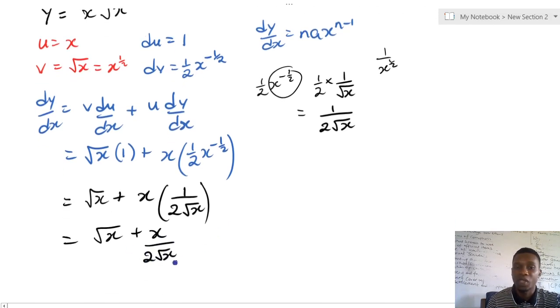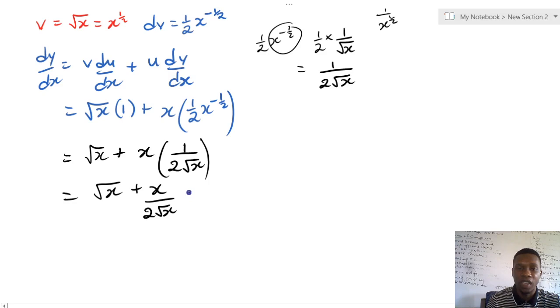So I can stop here, but if I want, I can find the LCM, which is good, you do that. Finding the LCM of both of them, I know that the LCM will be 2 root x. So 2 root x, if root x is over 1 as a denominator, 2 root x divided by 1 is 2 root x. 2 root x multiplying root x, we'll have 2 root x multiplying root x.